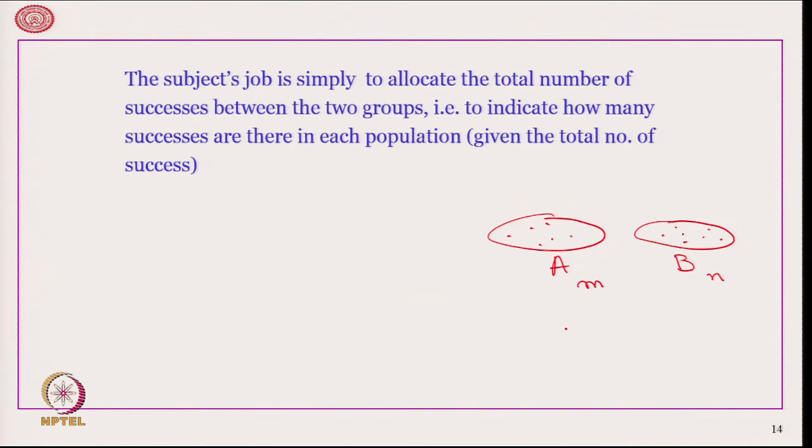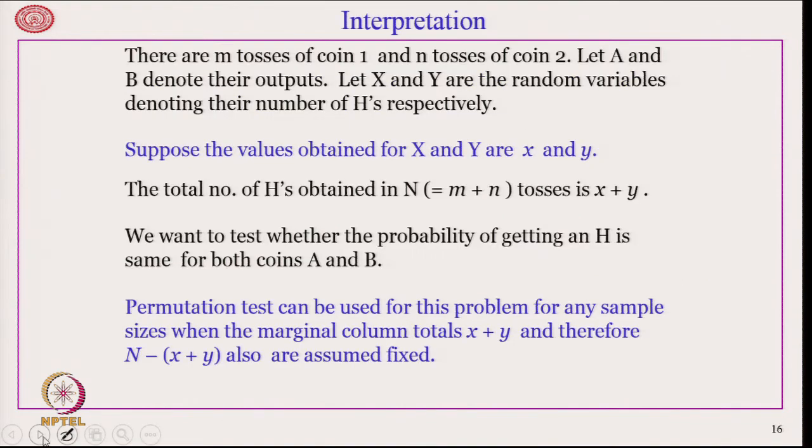Based on that, we check whether we have the ability to actually discriminate how many of them are real successes and how many of them are failures. So, what does it interpret to?